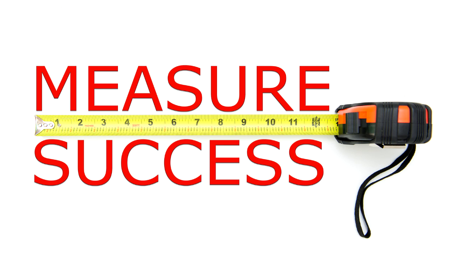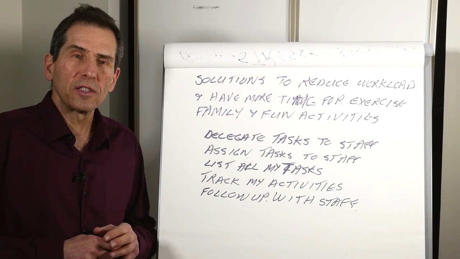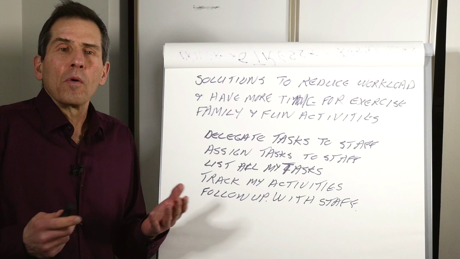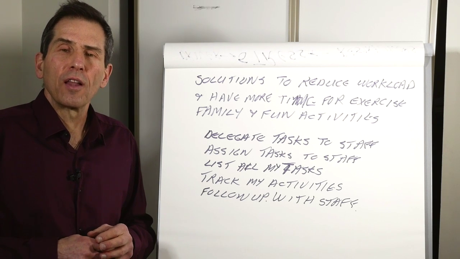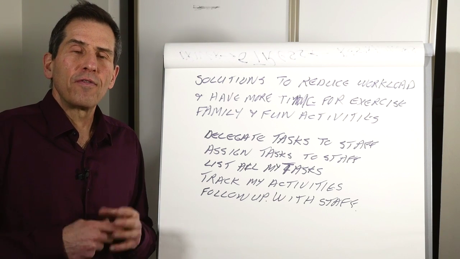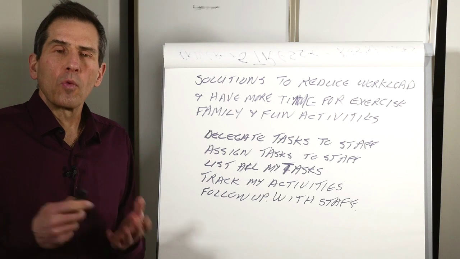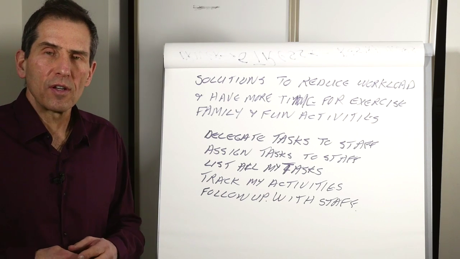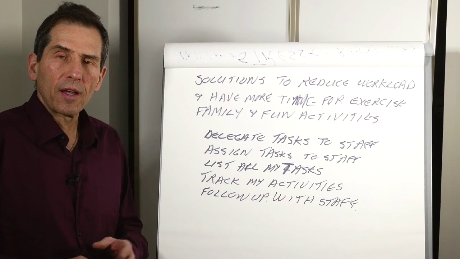And along the way, you want to measure how you're doing. In an example like stress, it's kind of tangible yet intangible. So what I like to do is say, well, today, what is my level of stress on a scale of 1 to 10? Is it a 5, a 7? In a week from now, I ask myself the same question. What is my level of stress today compared to what it was?